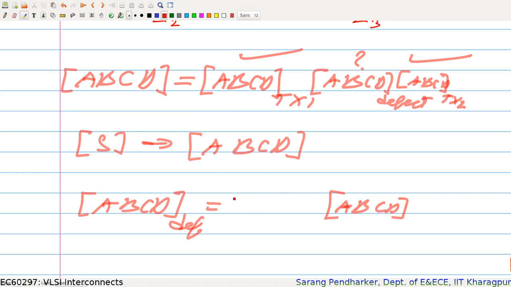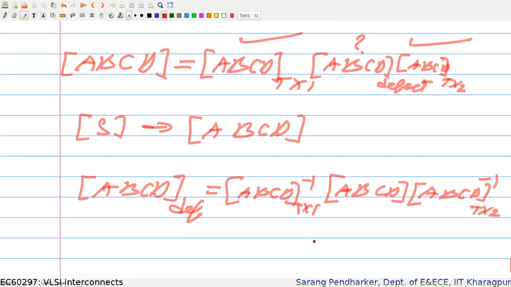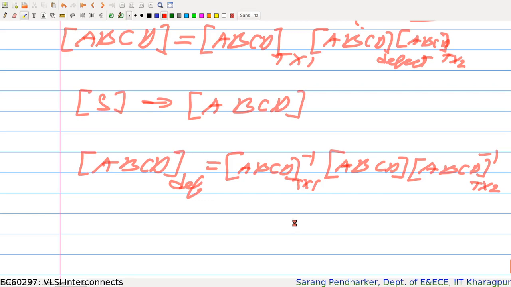into, I will pre-multiply this, so I will have an ABCD inverse into, and this is Tx1 and this is Tx2. So from here I will get the ABCD parameters, and from my ABCD parameters I can fit my T or pi network.